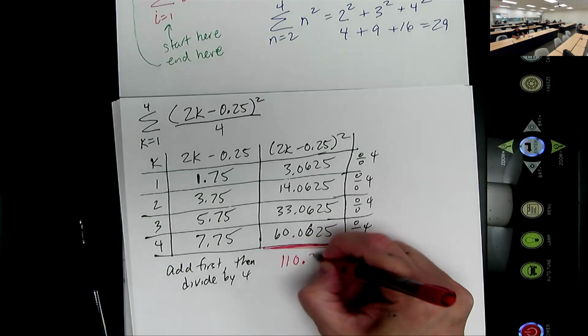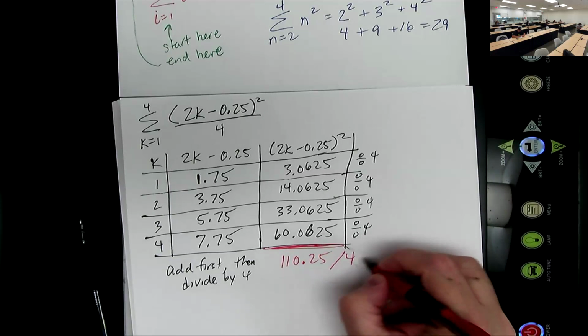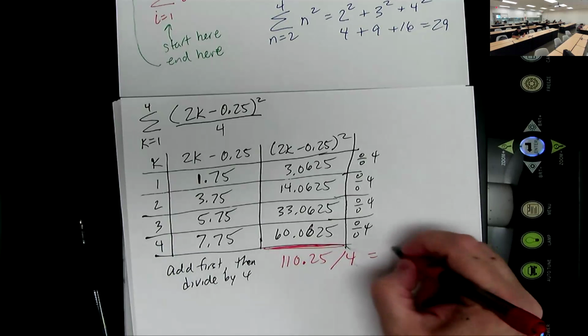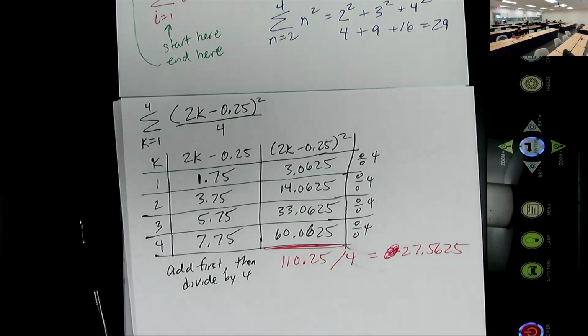Under 10.25. And if I divide by 4 now, I'll get the same answer. I mean, you can test it if you like.